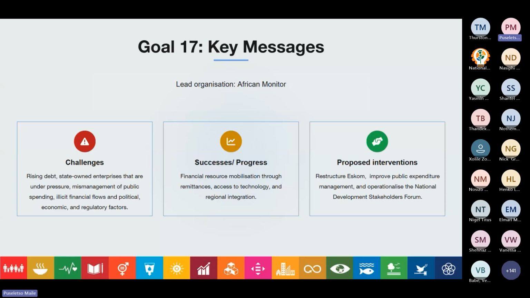Successes include financial resource mobilization through remittances, access to technology, and regional integration. Some of the proposed interventions include restructuring ESCOM, improving public expenditure management, and operationalizing the National Development Stakeholders Forum for the SDGs.